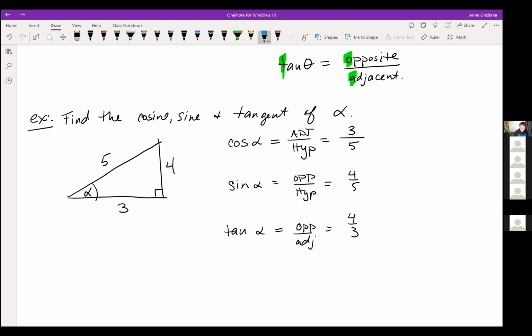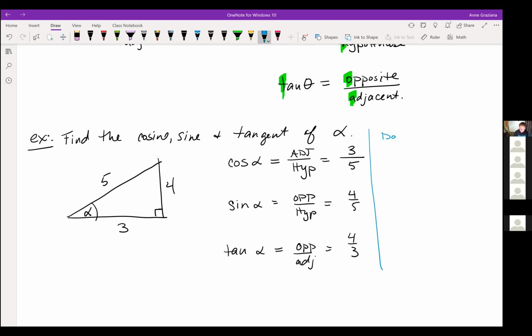If I now want to do the same for beta, we'll call this angle beta. Now the orientation of my sides changes.